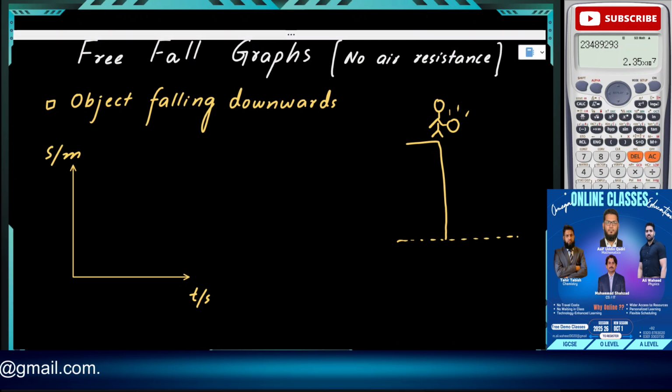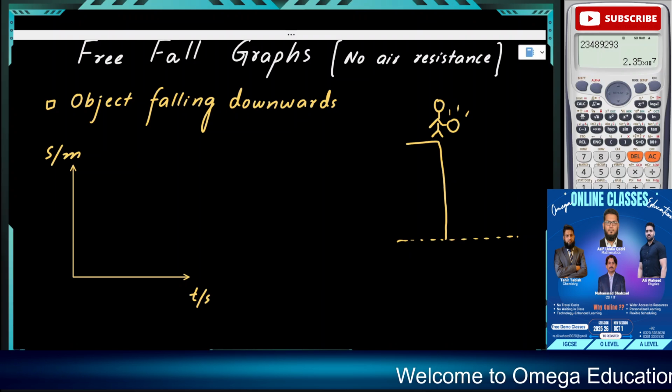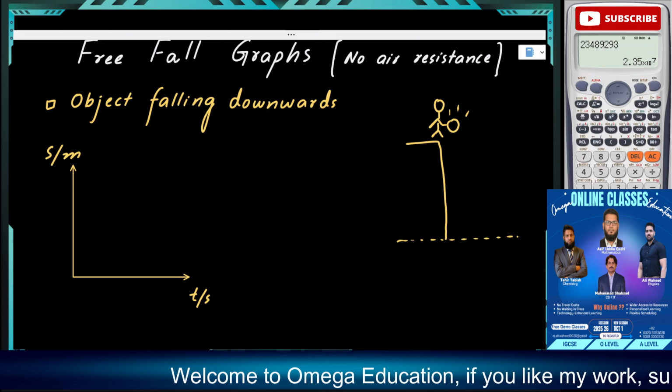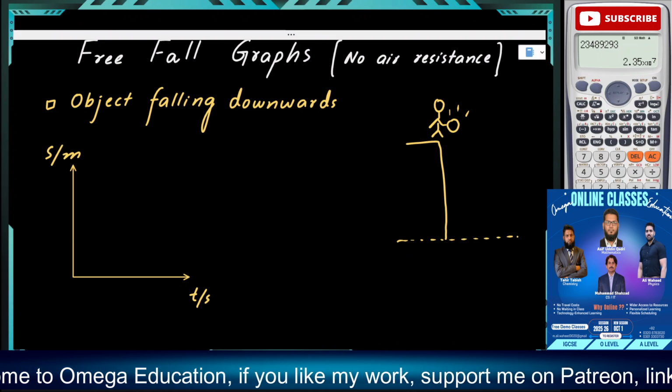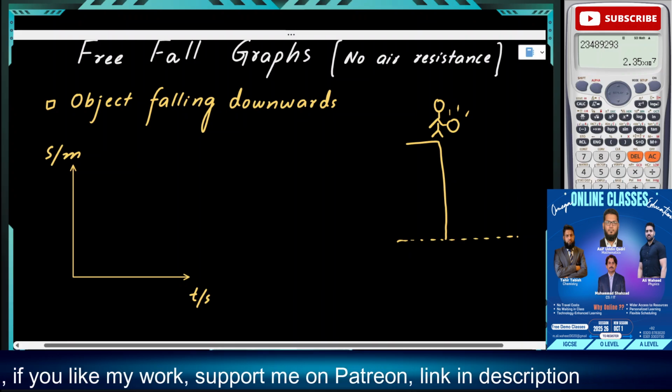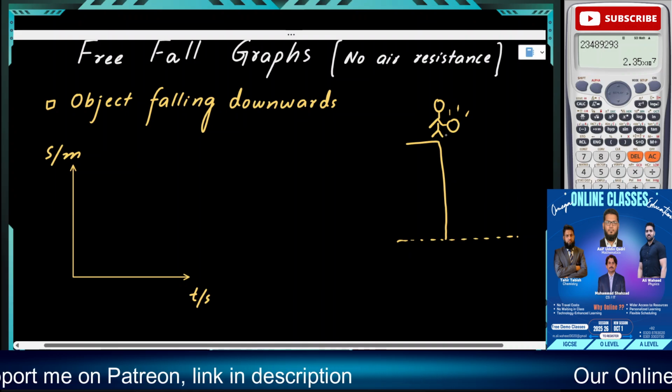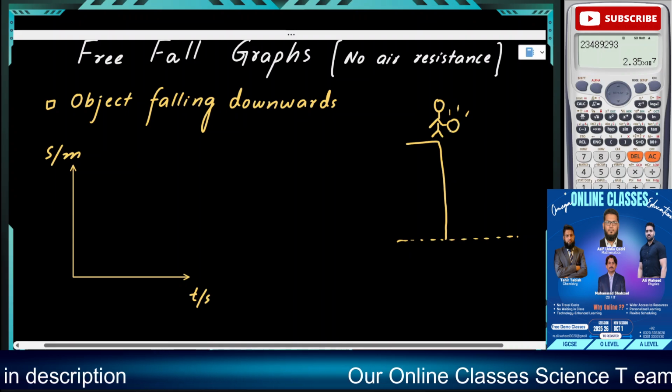So what does the shape of the graph look like? If there is no air resistance, as the object is released, initially when the object was not released, the speed was 0.